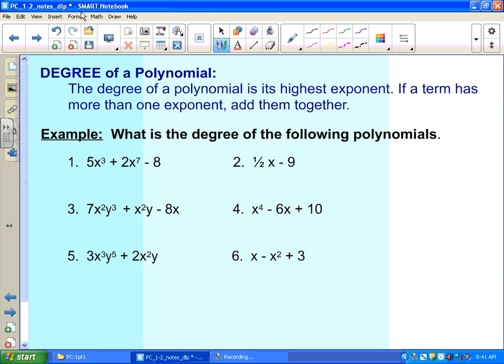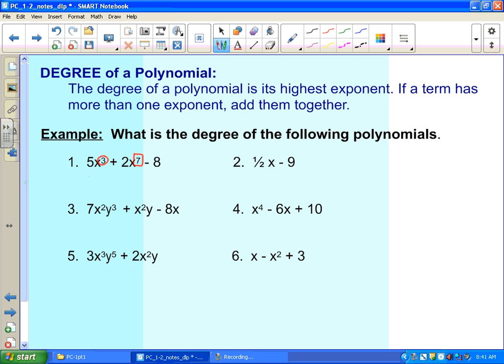So looking at these, trying to figure out the degree, we simply go find the highest power. By the way, we try to put polynomials in descending degree order, so we'll probably want to get in the habit of doing that. Number 1 isn't in descending degree order. It starts out with a power of 3, but in reality, it's this power of 7 that determines the degree.